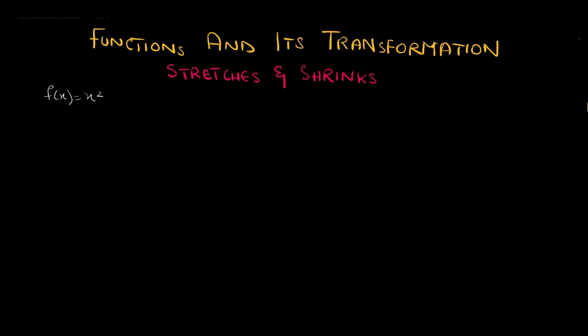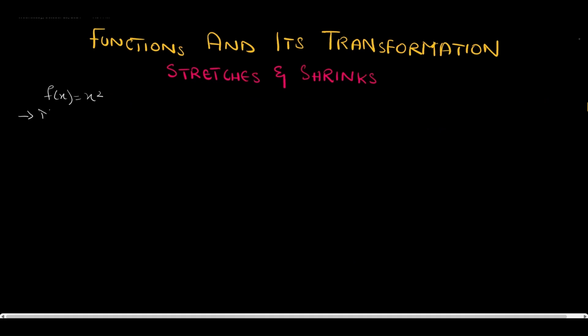Okay, so what do we understand by this? When we multiply the output of the function by a number that is greater than 1, then our function shrinks.